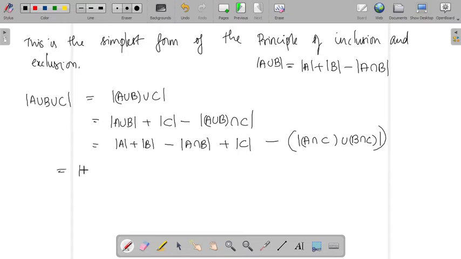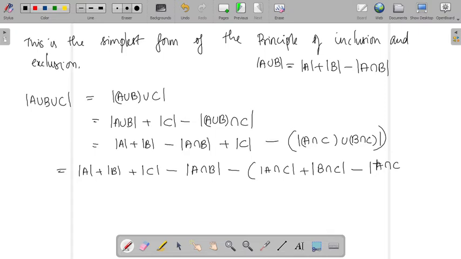So you can write it as cardinality of A plus cardinality of B plus cardinality of C minus cardinality of A intersection B minus, this will be cardinality of A intersection C plus cardinality of B intersection C minus cardinality of A intersection C intersection B intersection C.